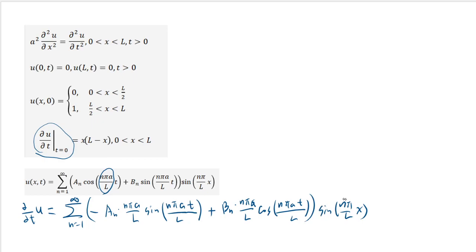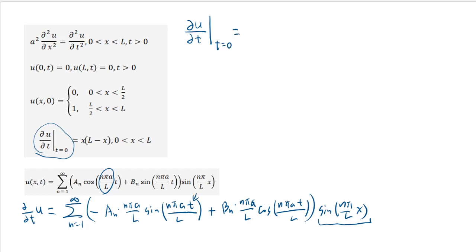And this entire thing gets multiplied by sine n pi over L x. And notice that here I don't differentiate because this is a function in x. So in partial derivatives, this is considered as a constant. You only differentiate this one, okay? All right, so now you plug in t equals 0. So what does that give us? The derivative of u with respect to t when evaluated at t equals 0.